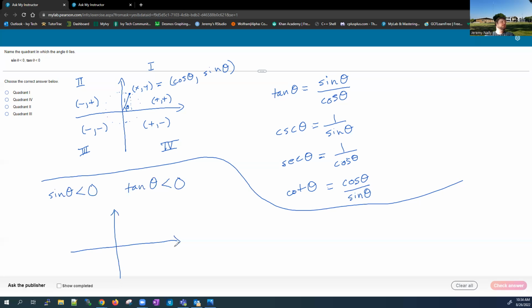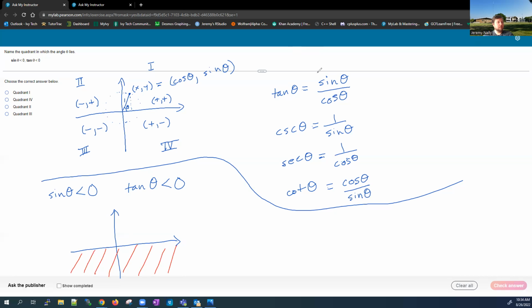So now if we go back to our guide here, we can see that sine is going to be negative. So that's the y value here. So I see a plus in the first quadrant, plus in the second quadrant, and I see a minus in the third and a minus in the fourth. Okay, so we're looking at the bottom two. So I've eliminated 2 quadrants.